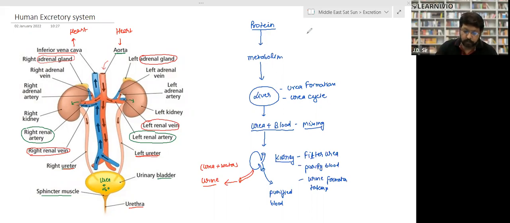Now let me tell you the structure of the kidney.